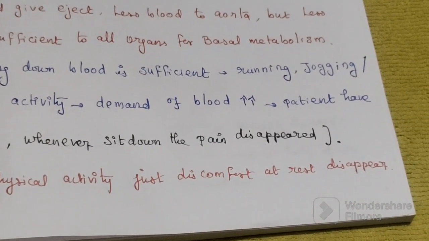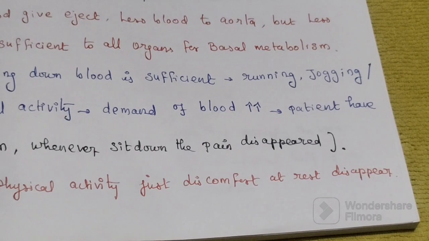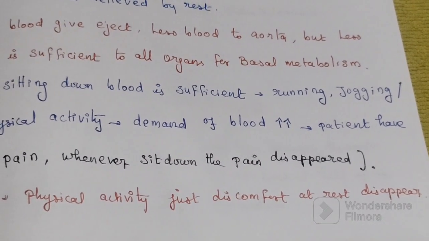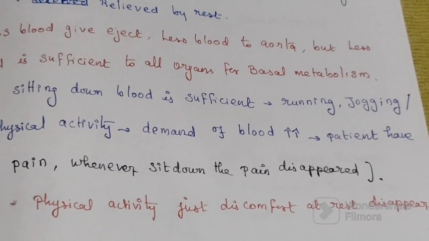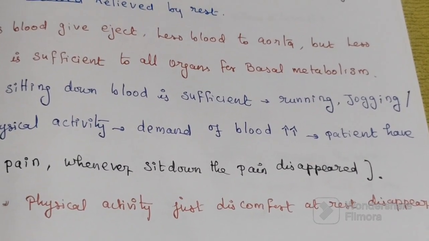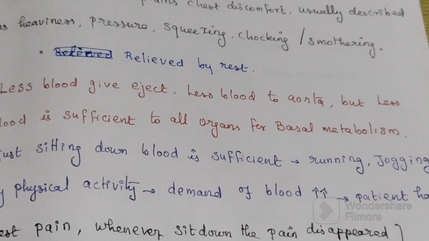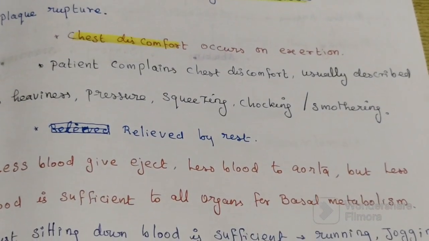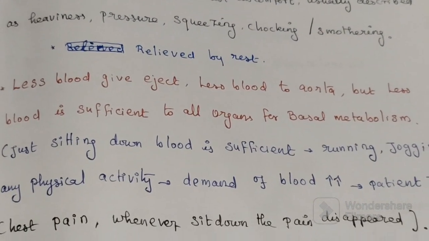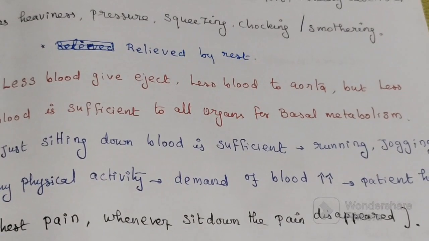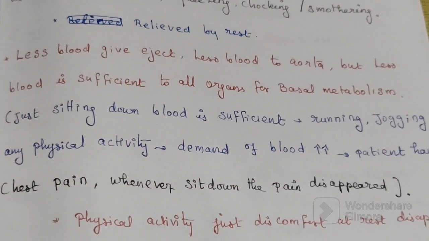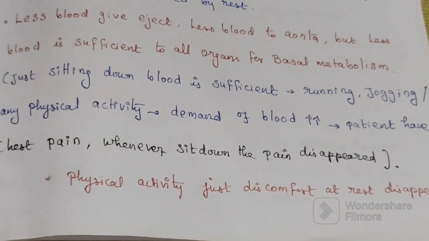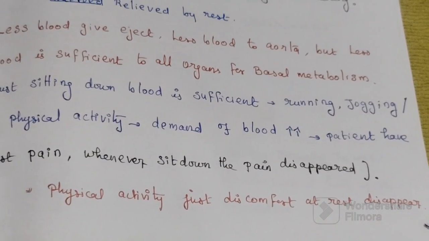During physical activity they have pain, and when they rest the pain disappears. Normal body metabolism is fine; only during physical activity, with the demand for high blood, does the patient have pain. This is all about stable or classical angina.